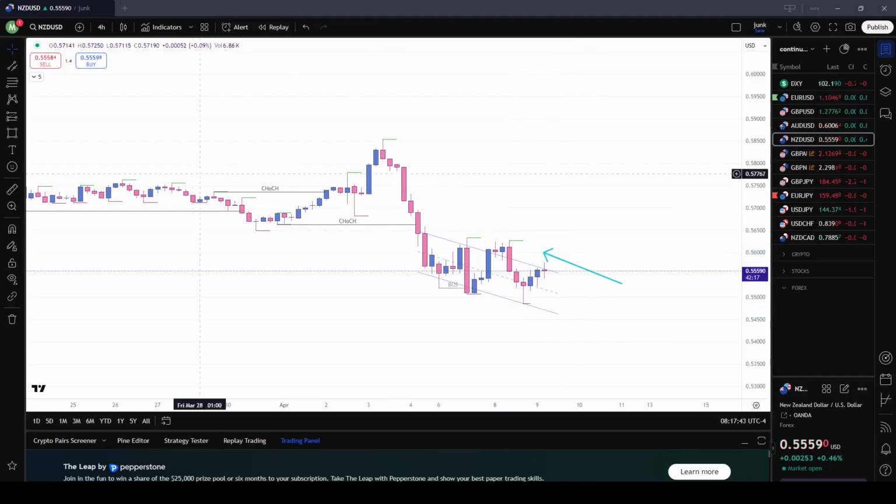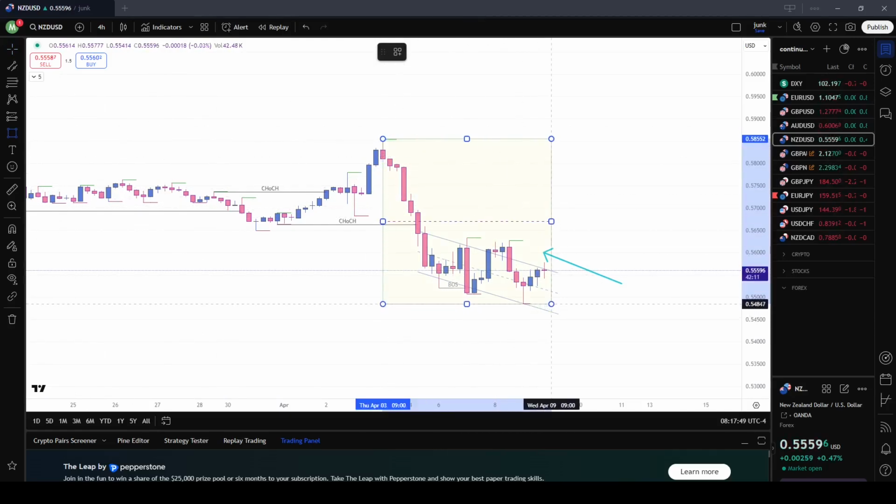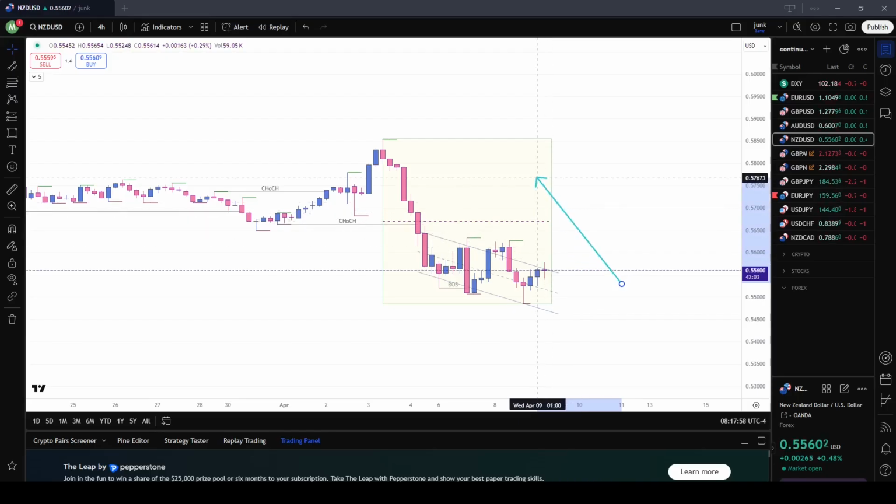NZD USD. Also in its descending price action channel, possibly causing liquidity to build above the highs of the channel. So prices could come up and sweep that liquidity, or come back up into premium, just like with Aussie dollar, tap into this area of supply, but not expecting that to happen.